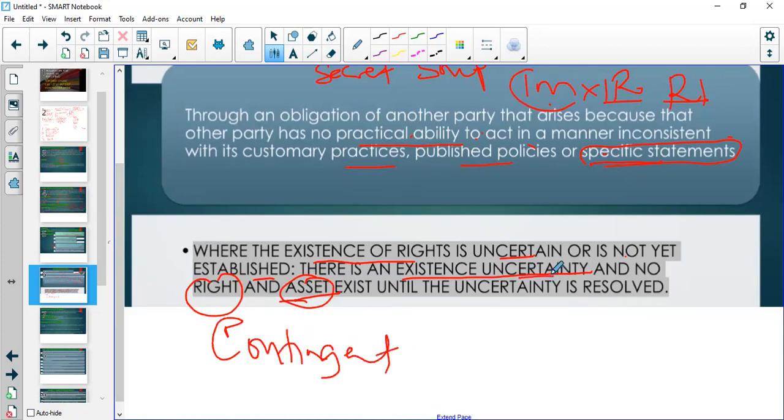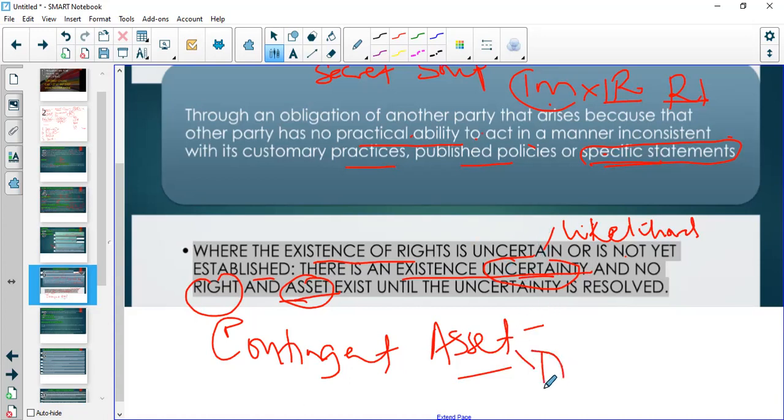When we are uncertain, but there is a high likelihood, and this uncertainty is not resolved, then we have what we refer to as a contingent asset. Now, a contingent asset is not going to be recorded in the financial statements, but will be disclosed in the notes to the financial statements.